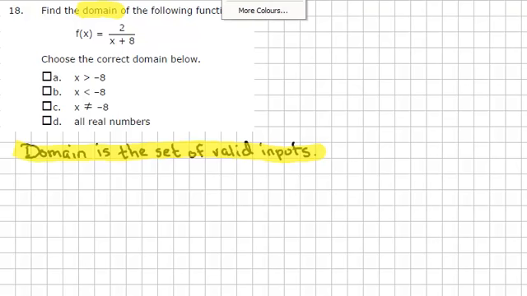So let me go ahead and highlight here. Our denominator is x plus 8. We need to make sure that the denominator does not equal 0.